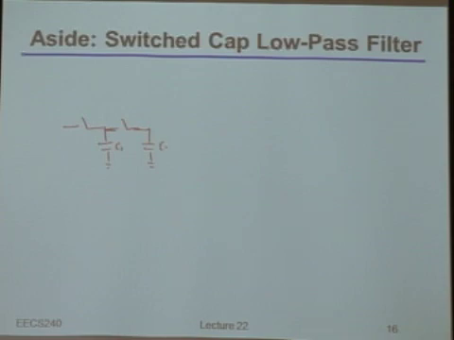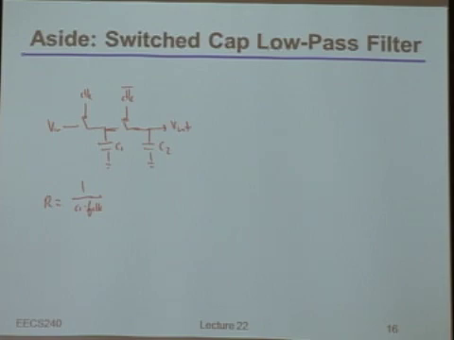So let's call this C1 and C2. Again, this is clock and clock bar. This is, for example, my input. This is my output. As we said a second ago, the resistance is just equal to 1 over C1 times the clock frequency.